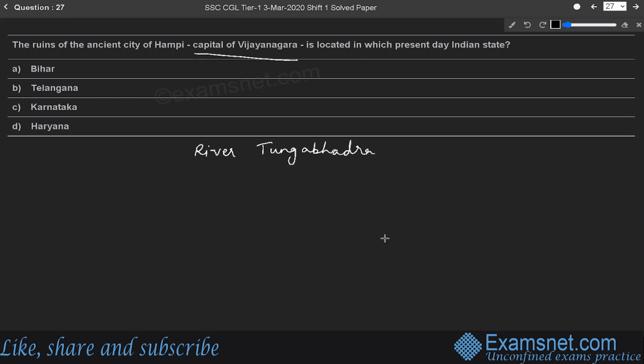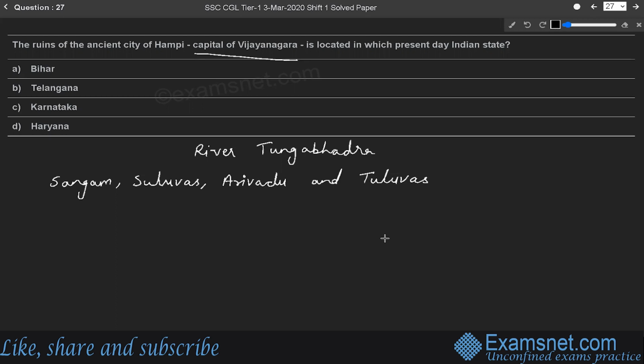And there were four most popular ruling dynasties of this empire, which were Sangama, Saluva, Aravidu, and Tuluva. So these are the four ruling dynasties of this empire.